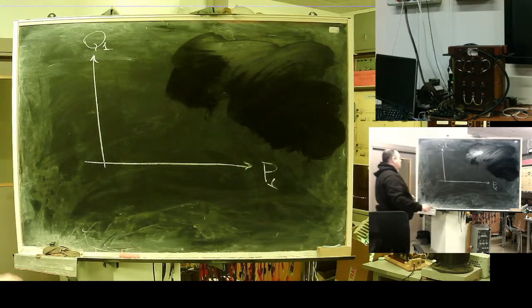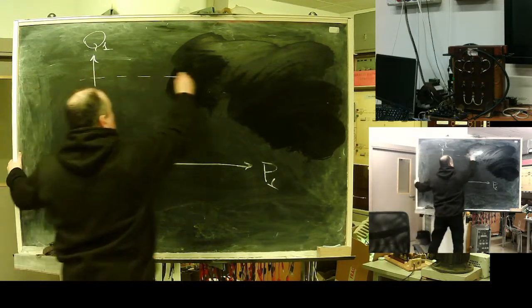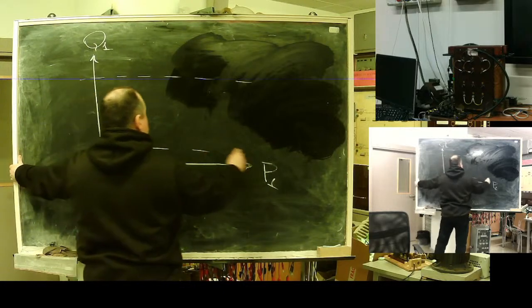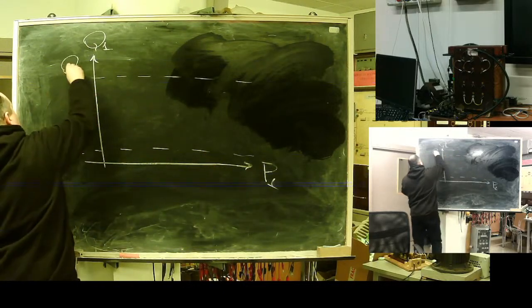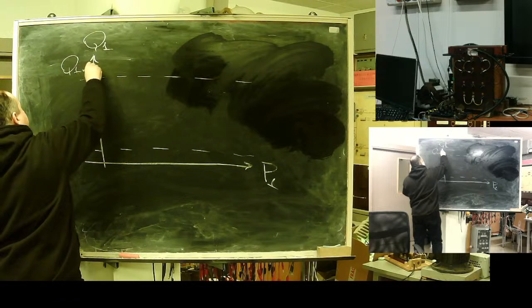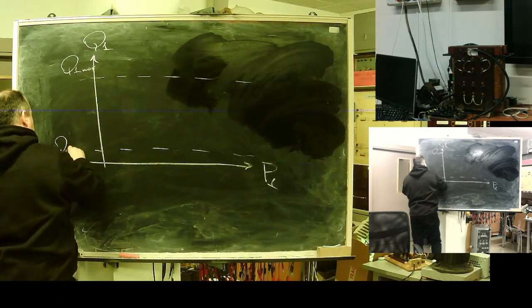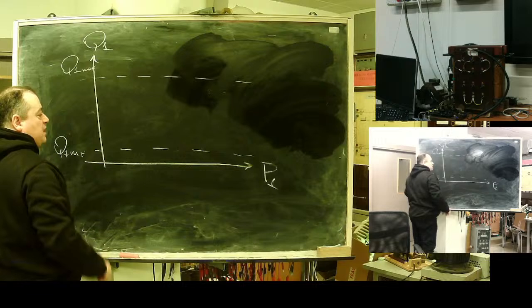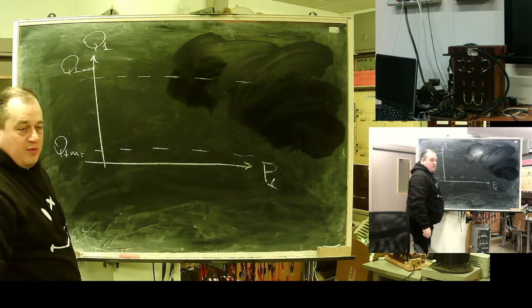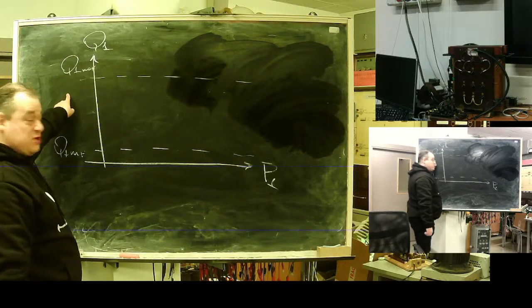Here I can draw lines. Minimum allowable reactive power for the first machine.